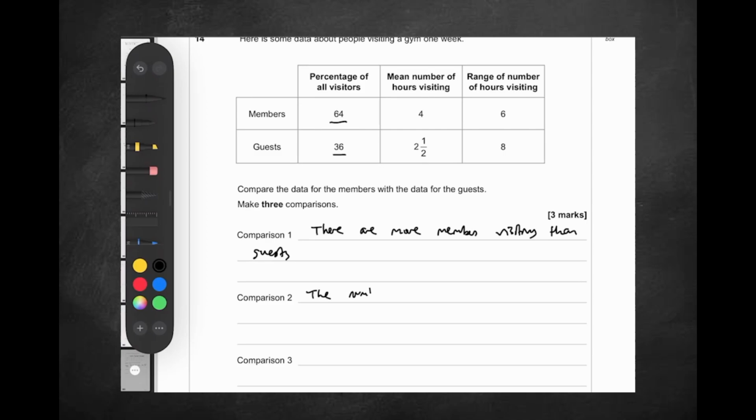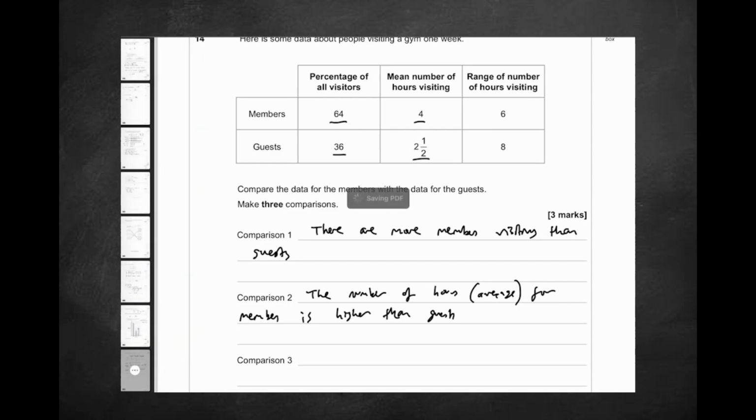The number of hours, average, for members is higher than guests, as the mean is higher for members than it is for guests.